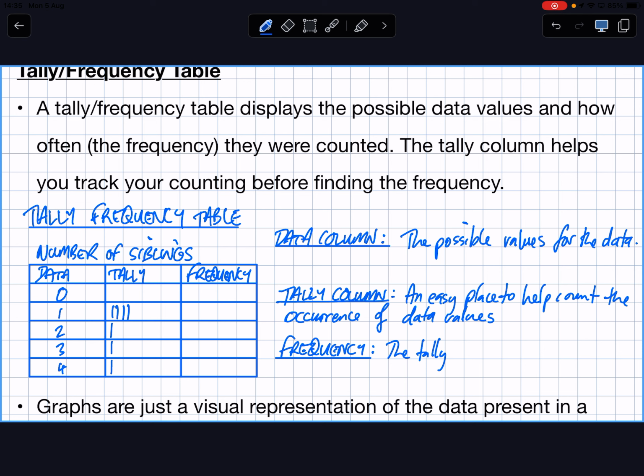Across. Go across, so that's what you're aware of what a tally is. 4. Another occurrence of 4. 1. 4. 2. 2.